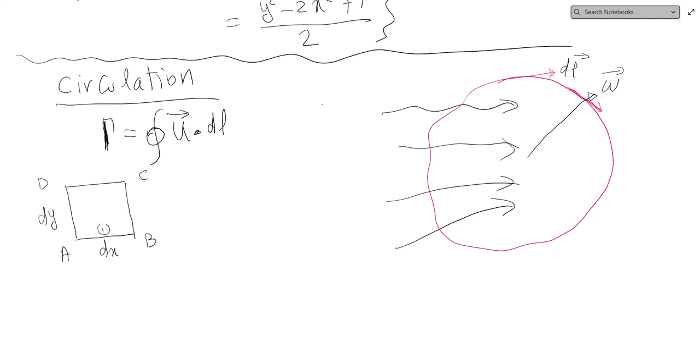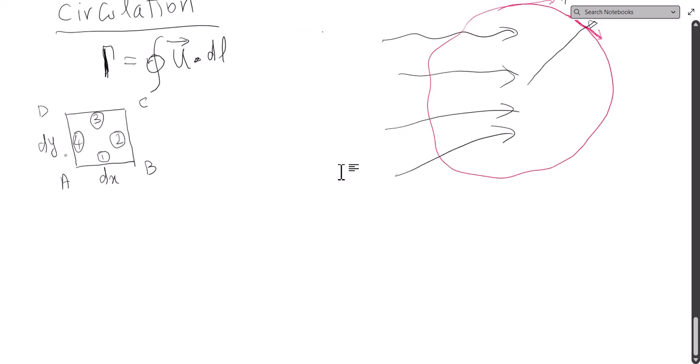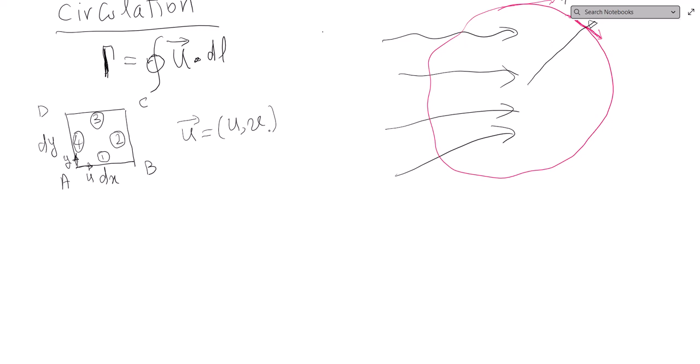Let's call it 1, 2, 3, and 4. At A, I will have velocity u and v in x and y direction. Let's look at AB.